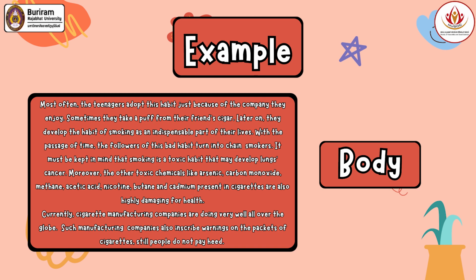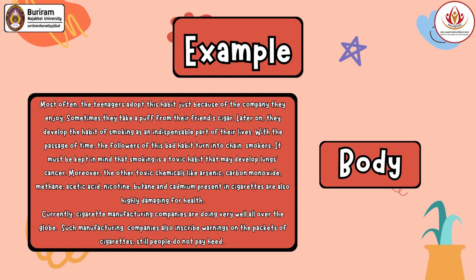It must be kept in mind that smoking is a toxic habit that may develop lung cancer. Moreover, the other toxic chemicals like arsenic, carbon monoxide, methane, acetic acid, nicotine, butane, and cadmium present in cigarettes are also highly damaging for health.